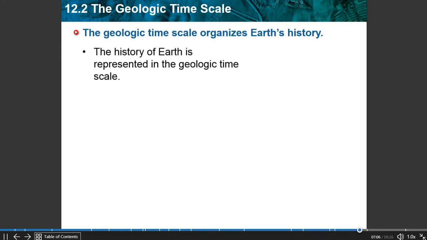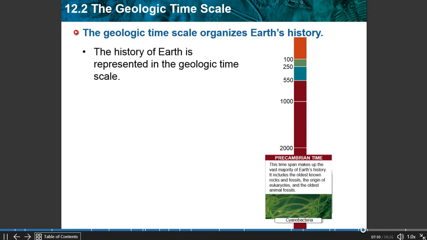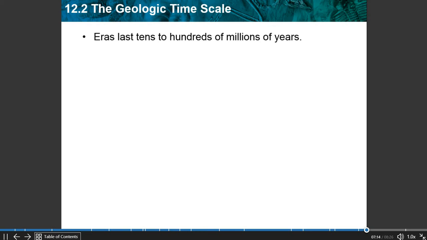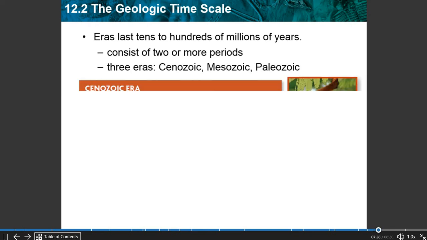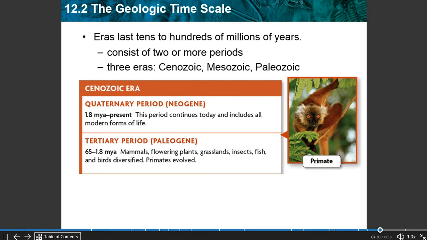The history of the Earth is represented in the geological time scale, part of which you see over there at the side. Eras last tens to hundreds of millions of years and consist of two or more periods. You have three eras: the Cenozoic, Mesozoic, and Paleozoic.